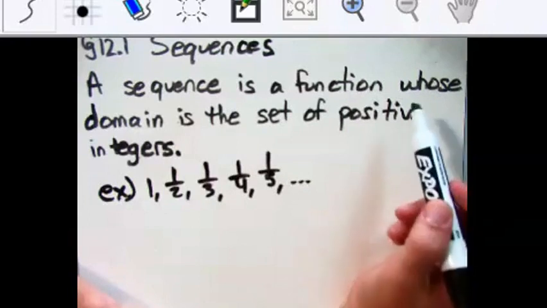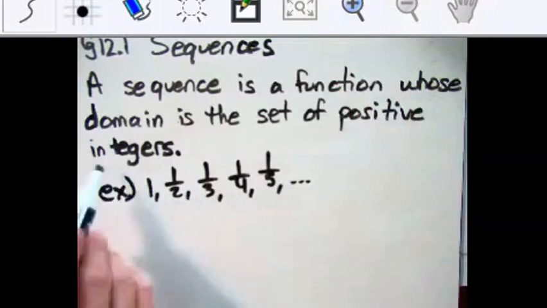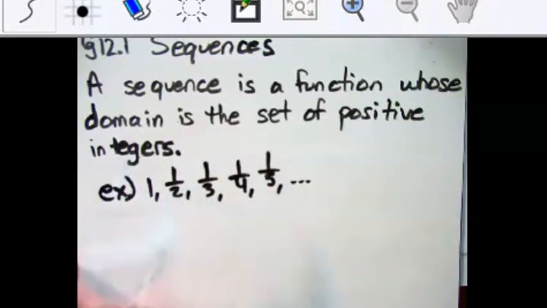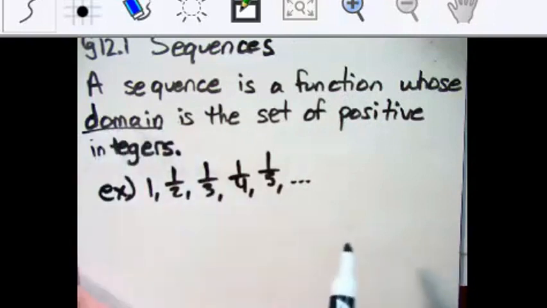Let's go back and look at the definition. Function whose domain is a set of positive integers. Remember, integers are like 1, 2, 3, 4, 5, and you guys can see these are not integers. So what is going on with that? Well, I will tell you. Remember, this is a function whose domain, remember, domain means input values.